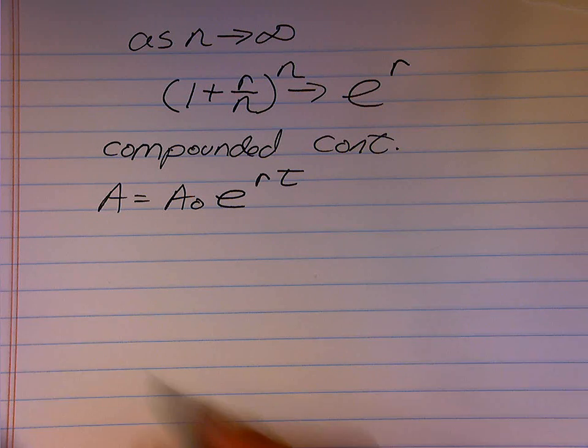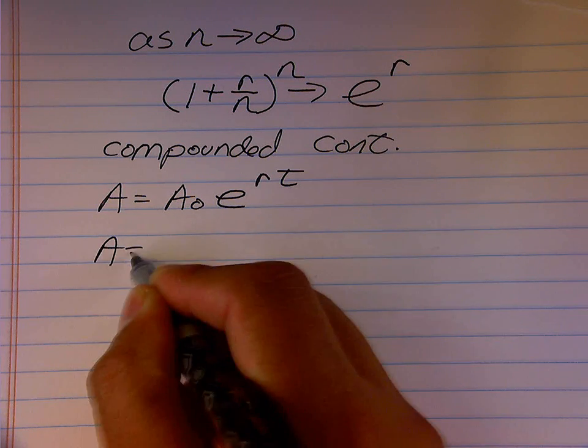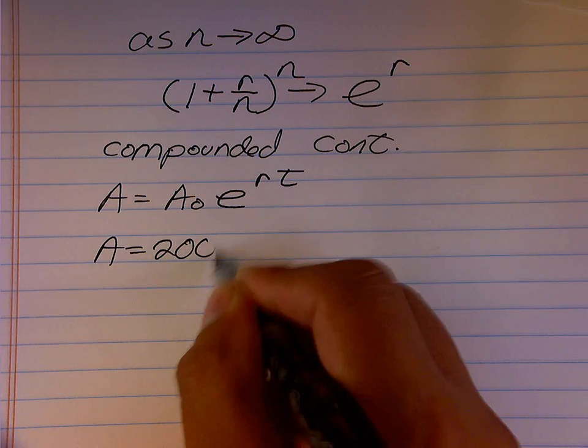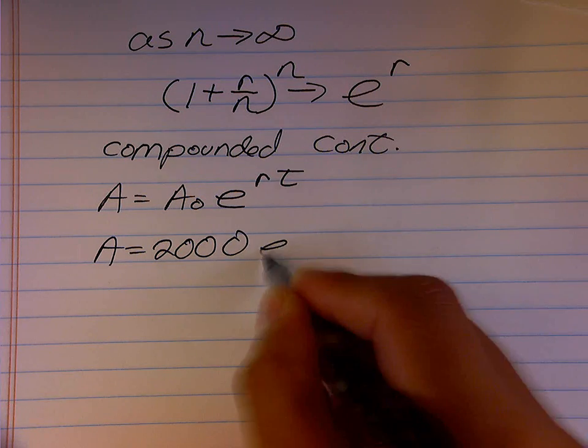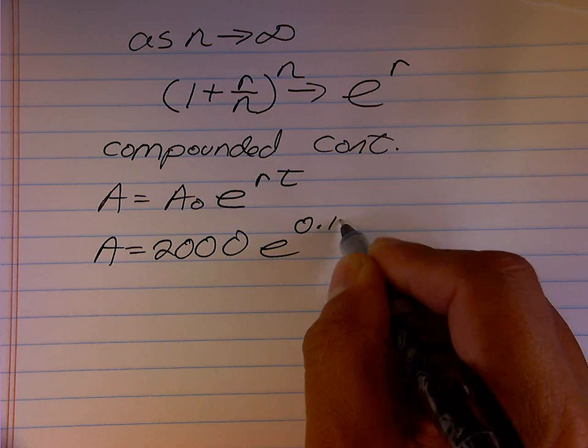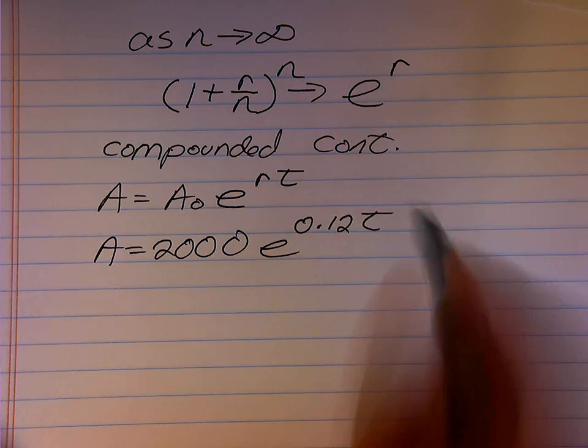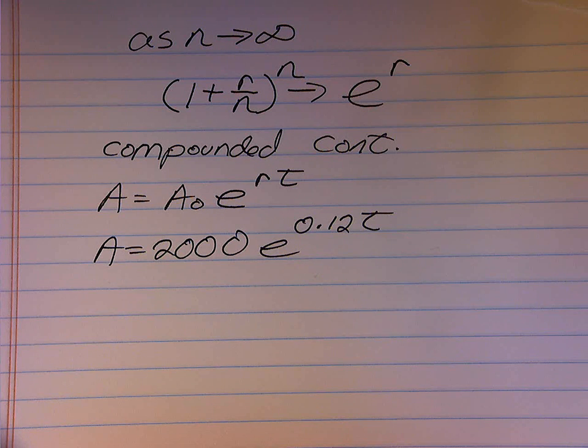So, 12% compounded continuously looks like that. Same loan, $2,000. Same stated interest rate, 12%. So what's different? Let's find out by examining the factor.